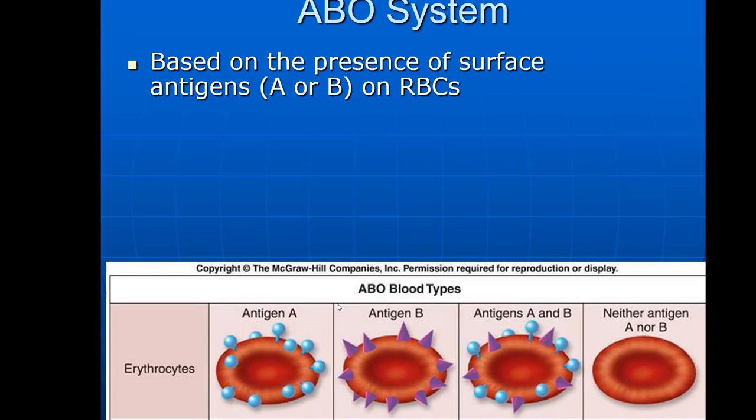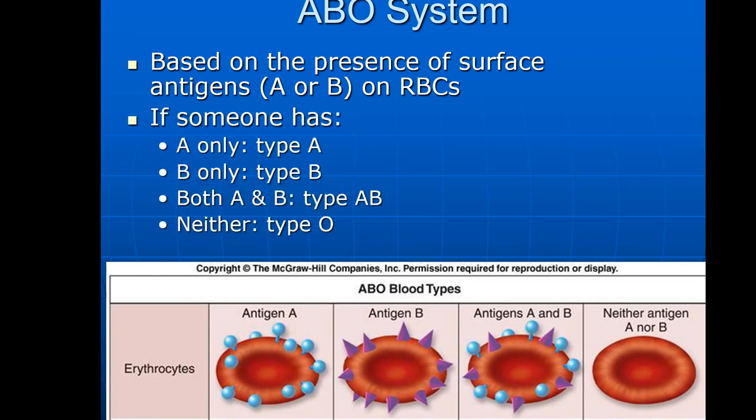To explain what I was getting at with these antigens, if you look at these red blood cells down here, you see all these little proteins on the surface. Those are called antigens. Antigen is a term commonly used to refer to things that are bad in the body, like a virus that can be harmful.